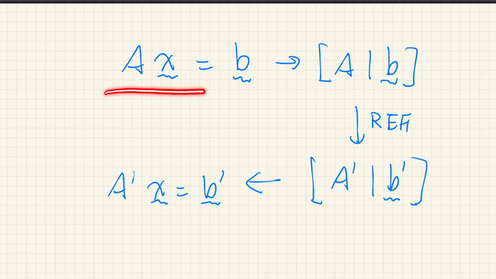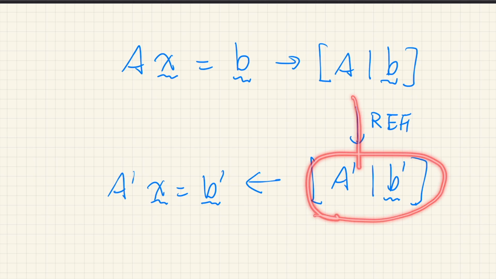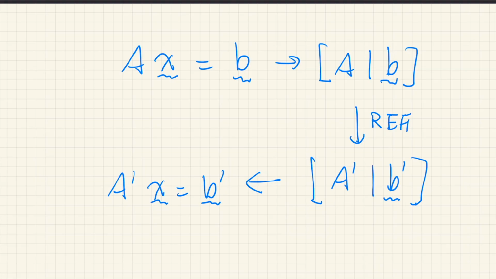If we are given a set of simultaneous linear equations like this, we have this augmented matrix, which can be reduced into the reduced echelon form, let's say A prime and B prime, which corresponds to another set of simultaneous linear equations. And these two sets of equations have the same solutions. In other words, by a series of elementary row operations, the solutions are conserved.